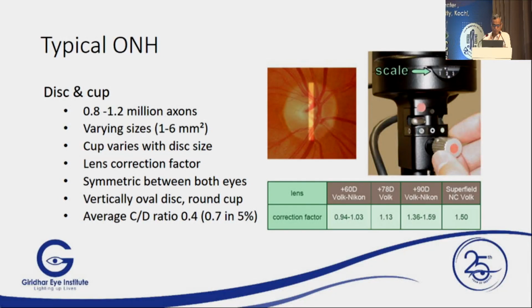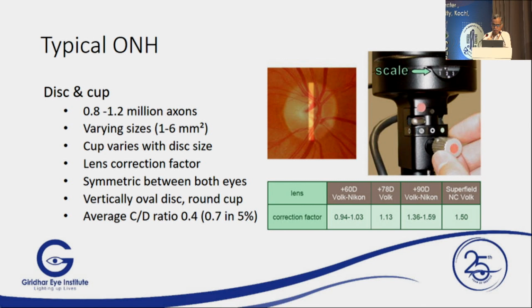atrophy. Coming to the disc and the cup, the disc consists of around 1 million axons of the ganglion cells, but the size and the area of the disc vary a lot, from around 1 to 6 millimeters. It's a big variation.